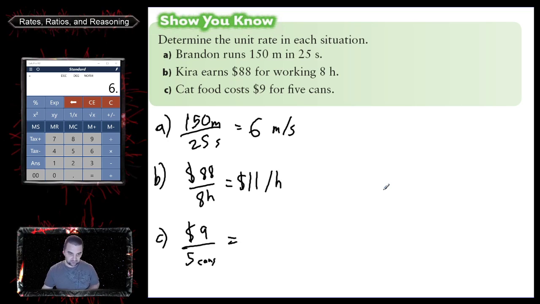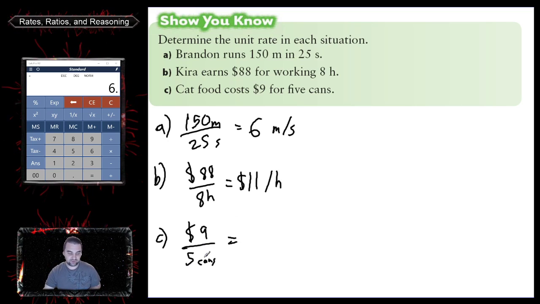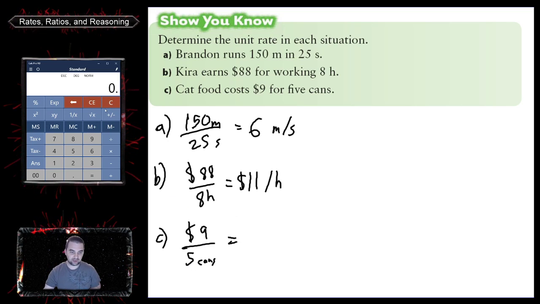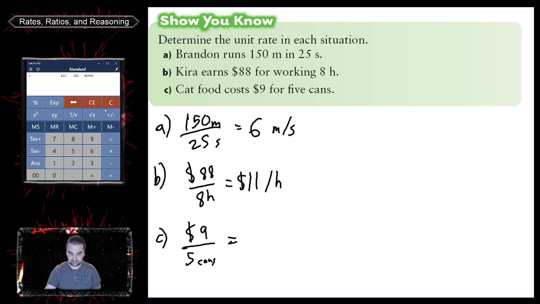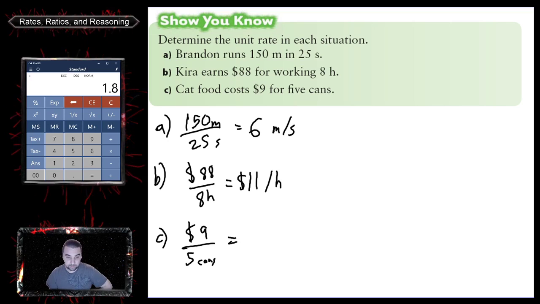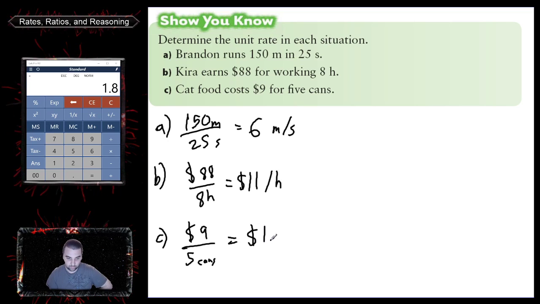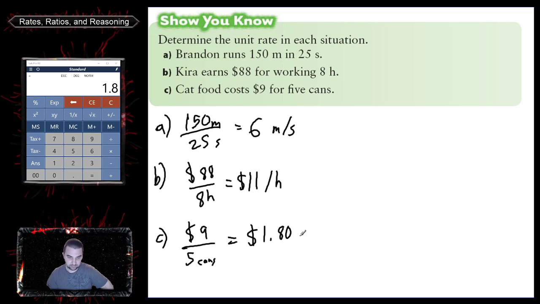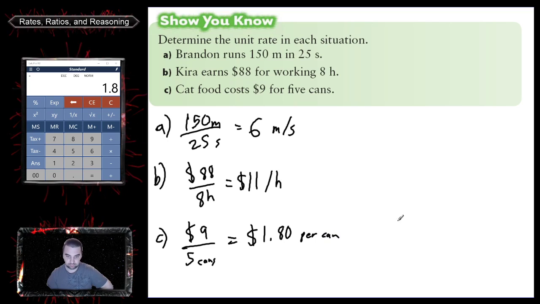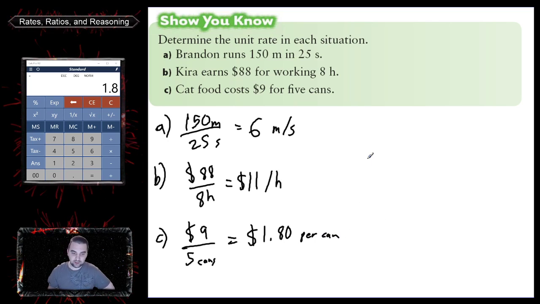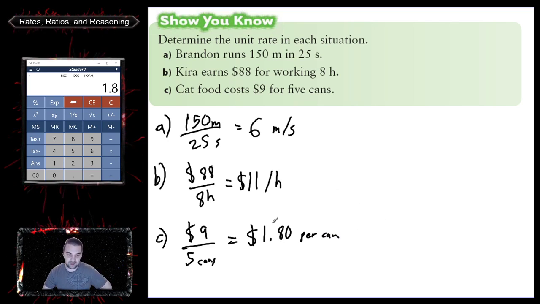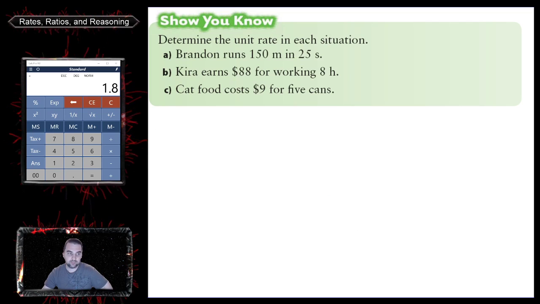So we're trying to figure out how much each can individually is going to cost, and that is 9 divided by 5, and it gives me 1.8, which is $1.80 per can. I can just write per can? Sure, I'll write it like that. $1.80 per can. Okay, moving forward.